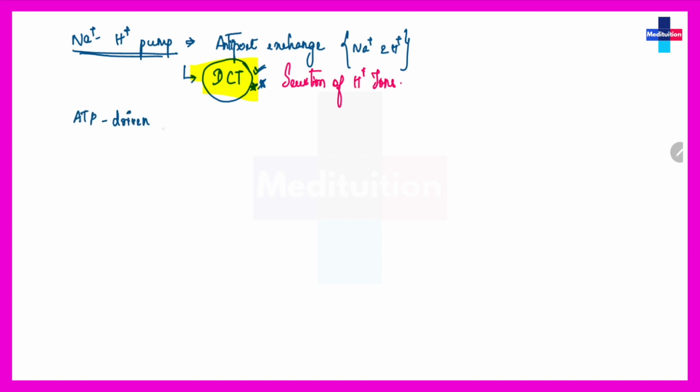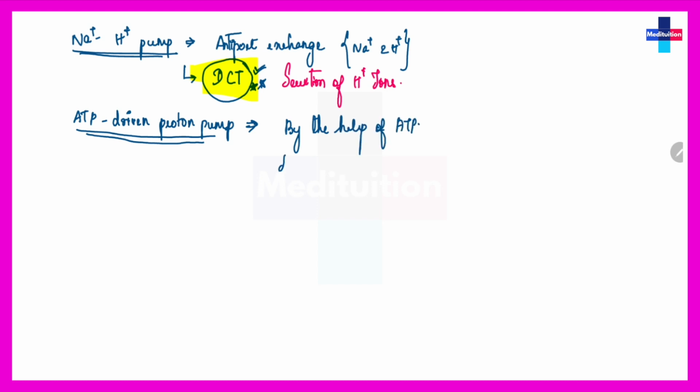What is happening in this ATP driven proton pump? The name itself says that ATP is responsible. H plus is secreted in your DCT and in the connecting duct with the help of ATP. H plus is secreted, that's it. So these are the two ways how your H plus can be secreted and removed.